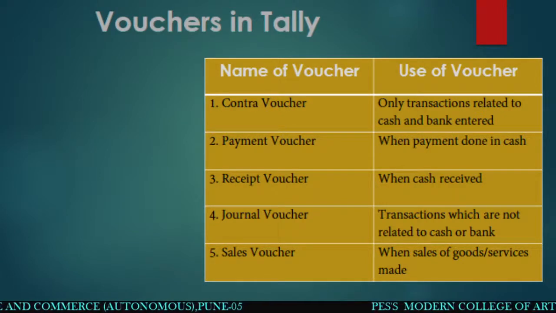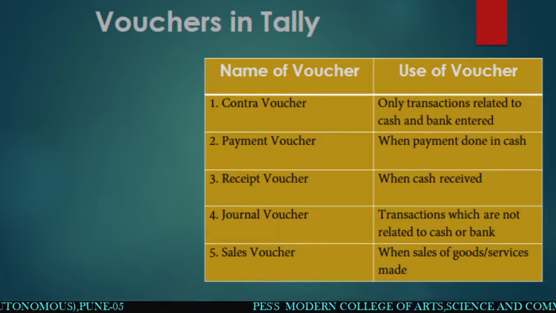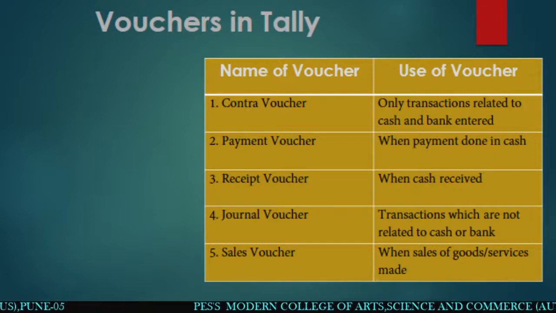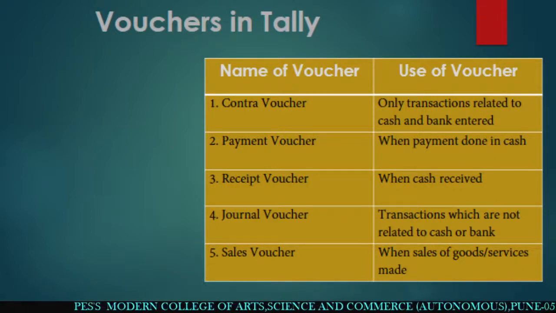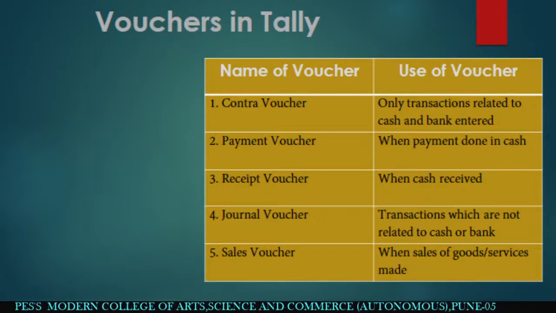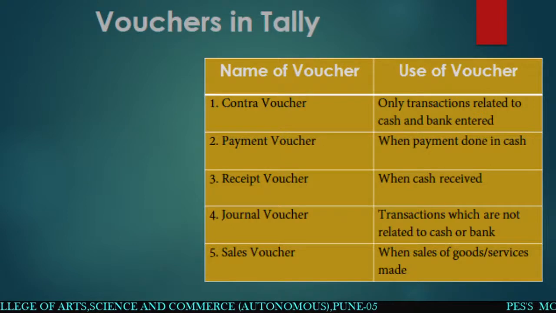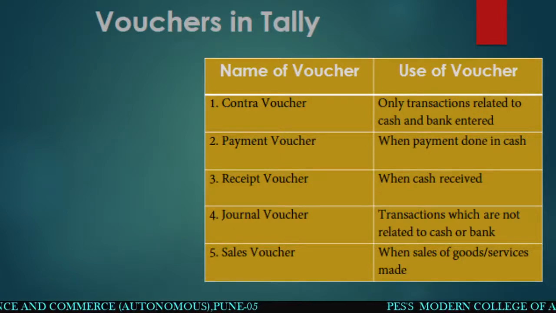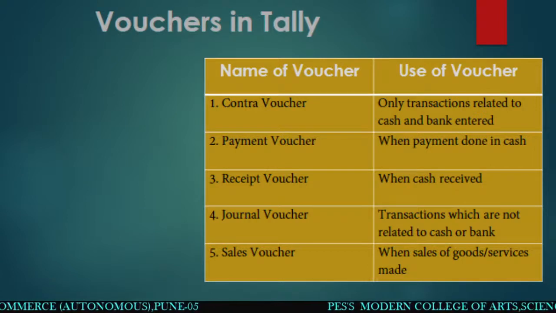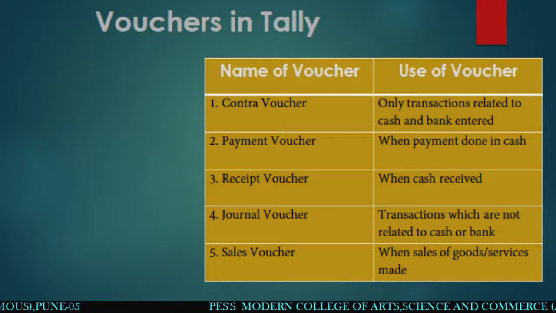In the payment voucher, guys, I want to tell you, if you make a wrong entry, for example for the payment of the electricity bill, the entry is electricity bill account debited to cash account. But because of a lack of concepts, if you made the wrong entry, that is cash account debited to electricity bill account, that is not going to be accepted by the payment voucher.